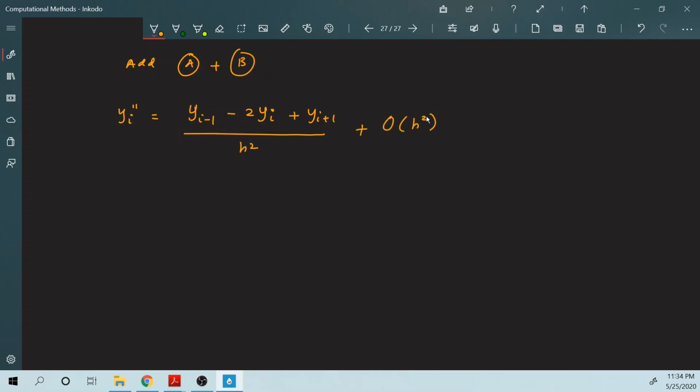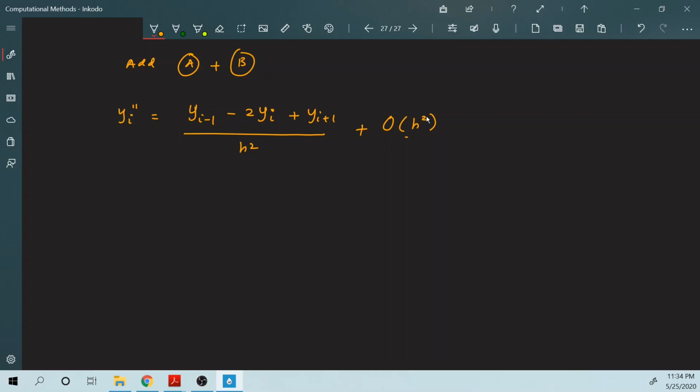So if you add equation A with equation B, you will get an equation for the second derivative, that is (yi minus 1 minus 2yi plus yi plus 1) divided by h square, and the truncation error here is going to be of order h square. When it is h, it's less accurate. When it is h square, it is more accurate.